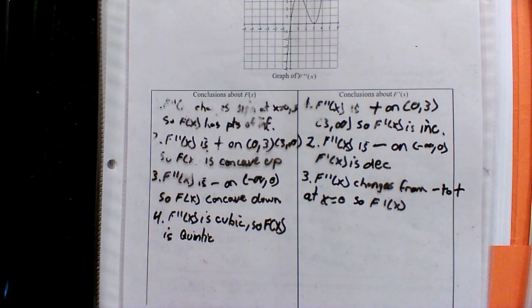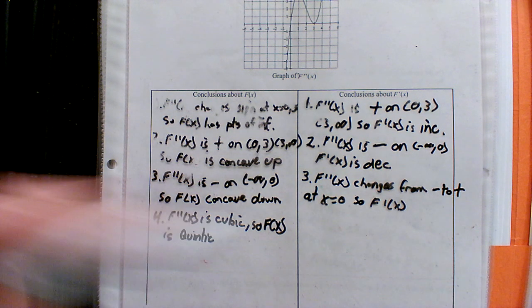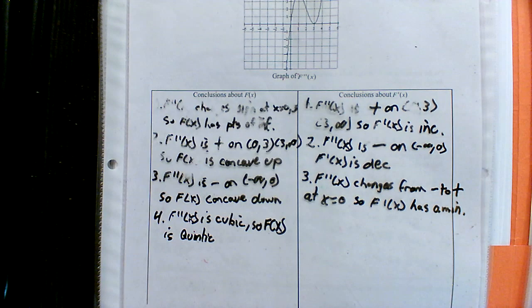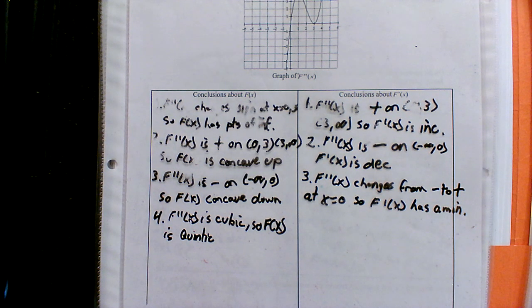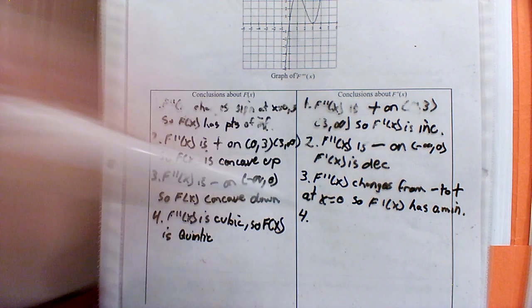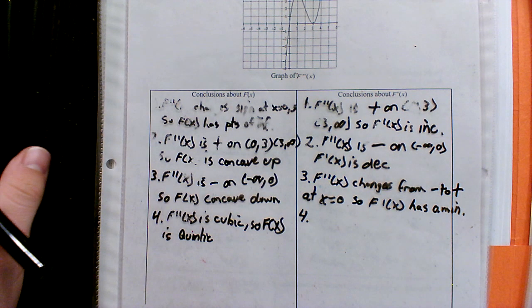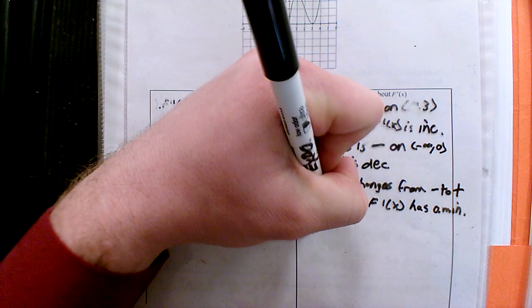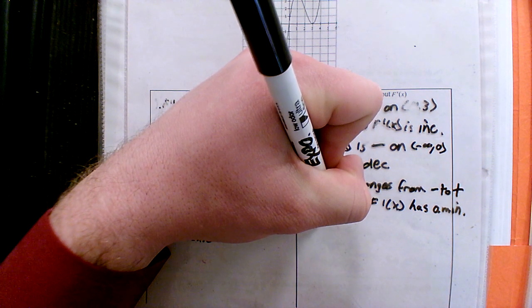The second derivative changes from a negative to a positive at x equals 0. So the first derivative has what? Minimum. Yes, because we're going from negative to positive. Has a min. Okay, very good.